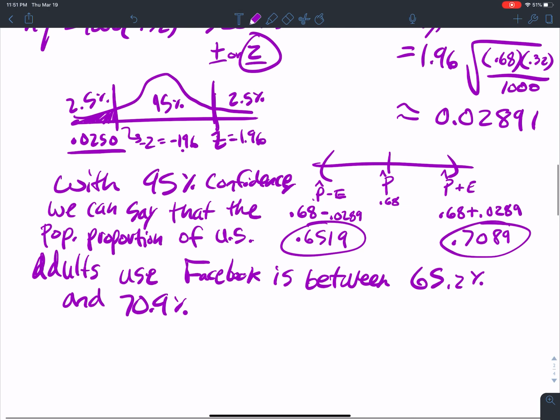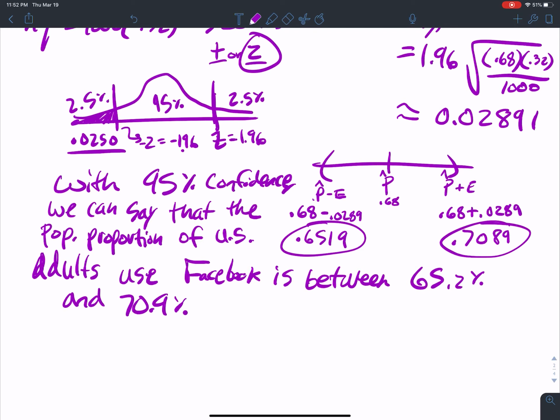So we're 95% sure that between 65 and 71% of people use Facebook. We're not saying exactly 68% of people use Facebook. We're just saying we're 95% sure it's between 65 and 71.